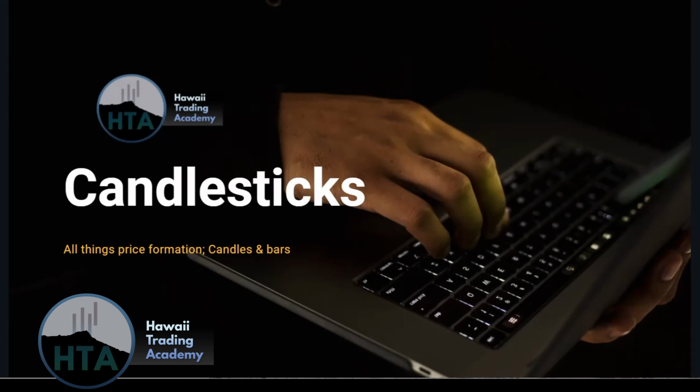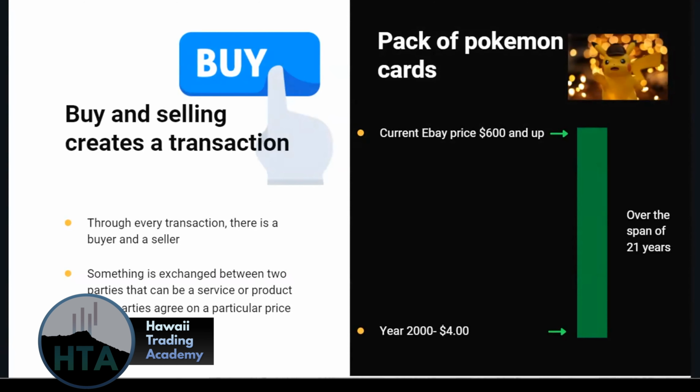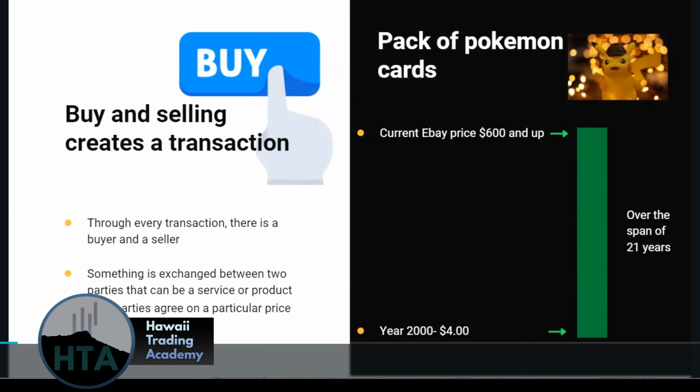So we'll dive in. What is a candlestick? What does it have to do with trading? Buying and selling creates a transaction. Through every transaction, there's a buyer and a seller.